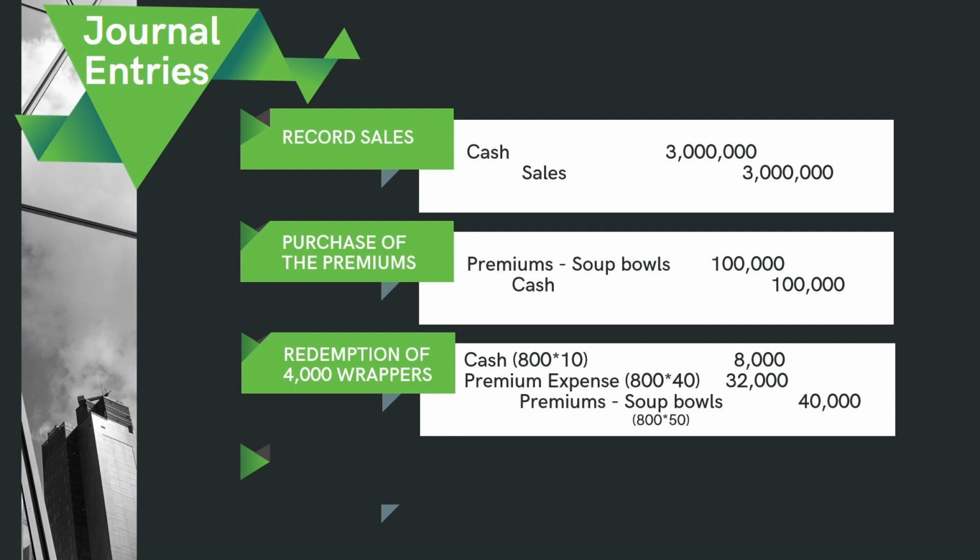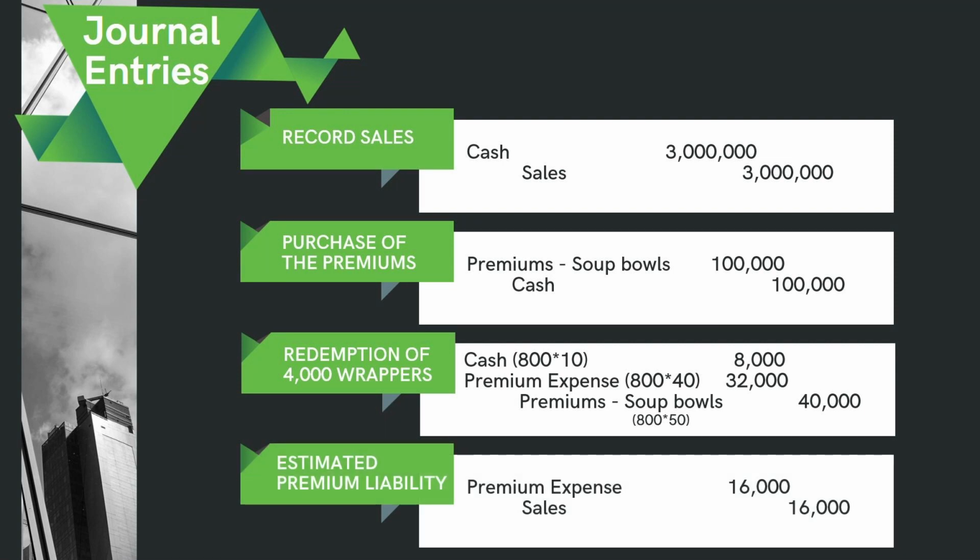And then for a total of 40,000. So premiums, soup bowls for 40,000. So that is the journal entry during the redemption of 4,000 wrappers, with the 10 pesos remittance. Next is the recording of your estimated premium liability at the end of the year.